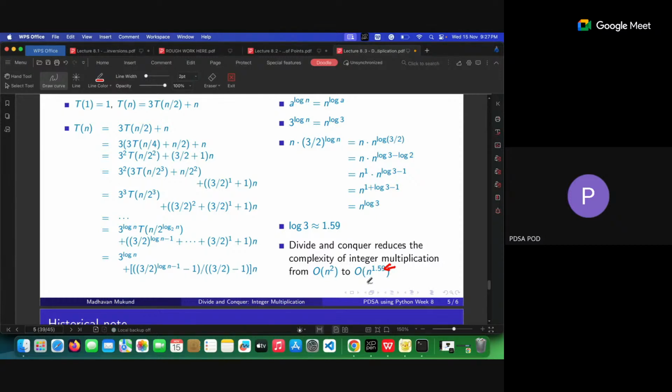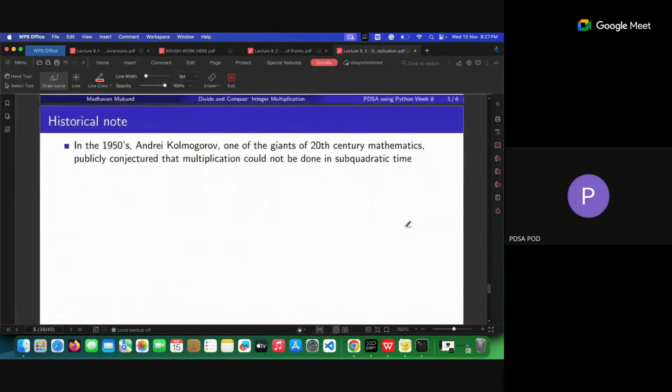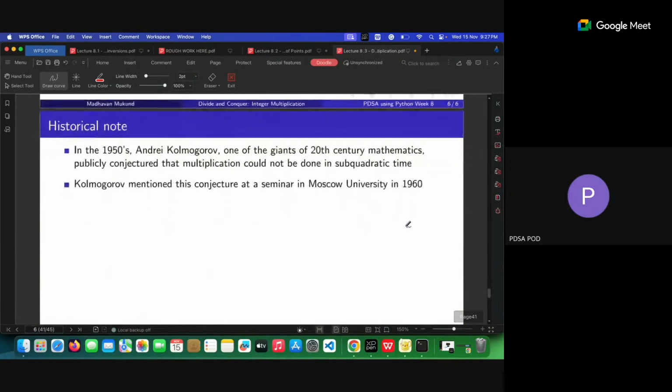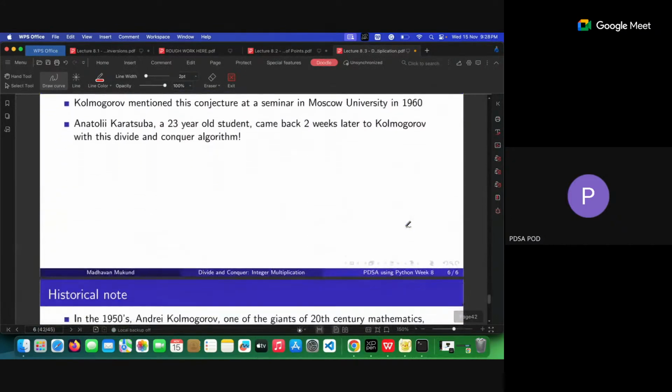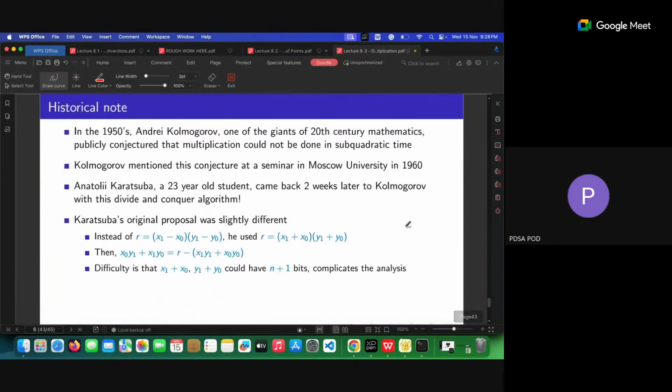This is because we do only 3 multiplications, after subtracting the already multiplied and added parts, and only 1 multiplication of the remaining parts. Actually, this is a historical note given by the professor.